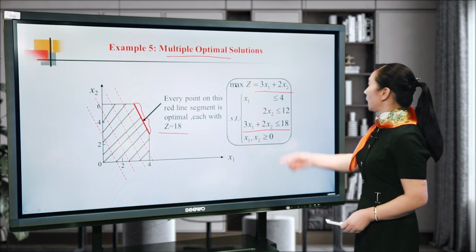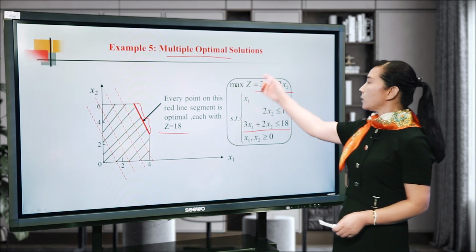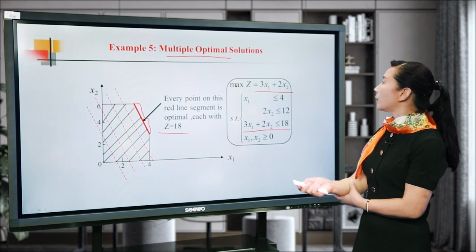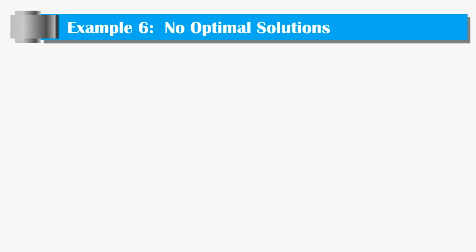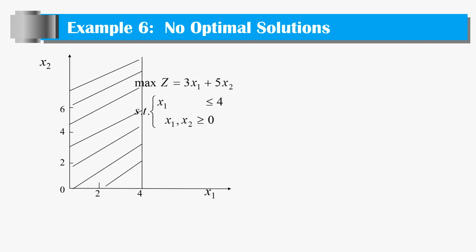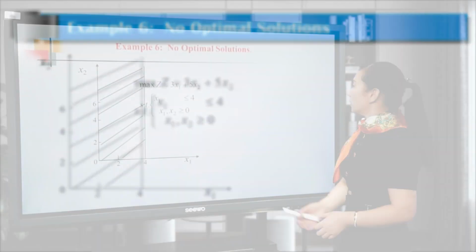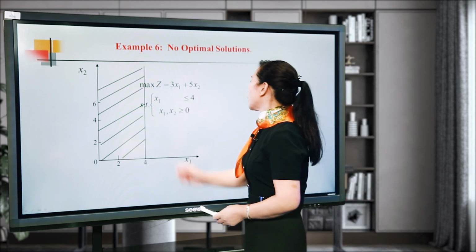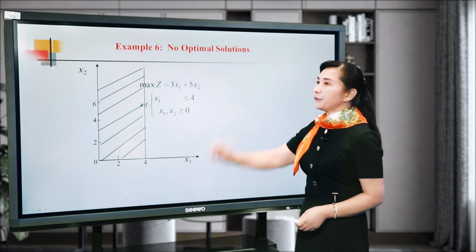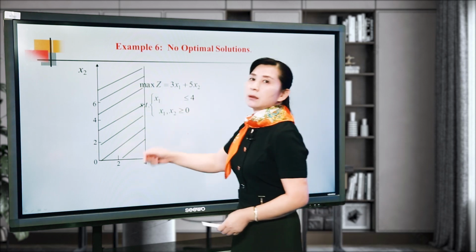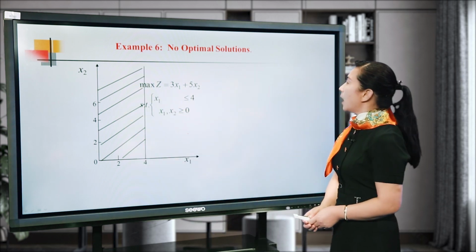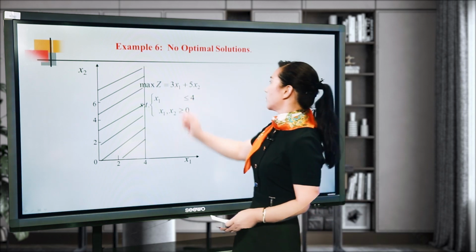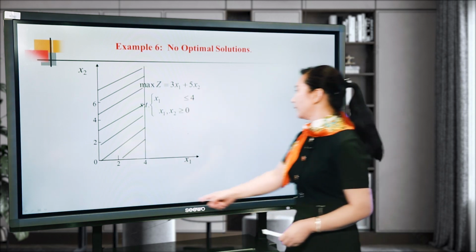So we call this LP problem one with multiple optimum solutions. We continue to introduce example 6, no optimum solution. We see this model. We draw the graph. This is the constraint line, less than 4. So it's in this range. And we draw the objective function.